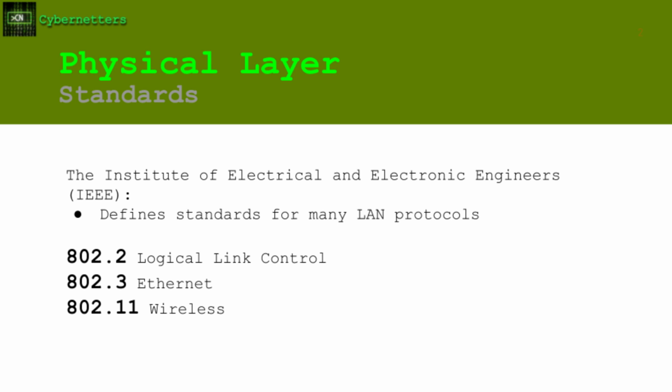So we can see things like 802.2, which is the logical link control, 802.3, which is Ethernet, which we'll be discussing in a later video, and 802.11, which is wireless. These standards help ensure compatibility and reliable communication across different network systems and printers.